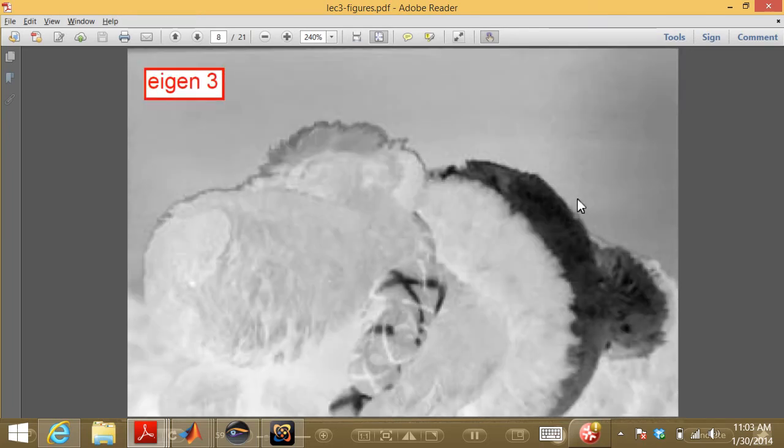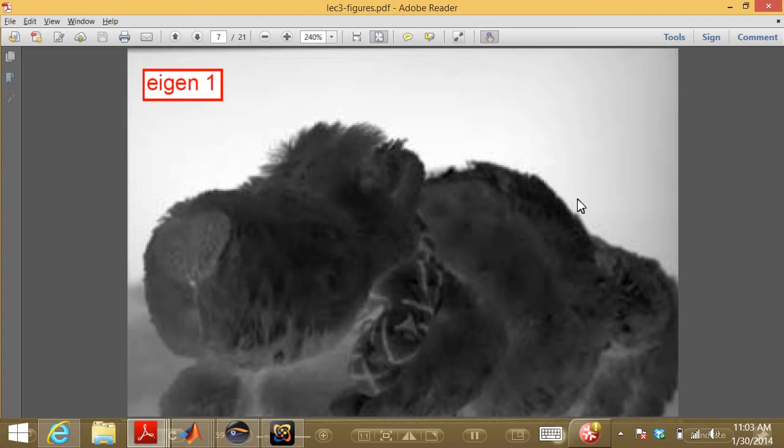On the one hand, I couldn't use any of these directly as mats. These all satisfy L times this eigenvector equals 0, but this one, for example, would be a very poor matte for the image. It doesn't really match what I think of as a correct matte. But it does have some promising properties.